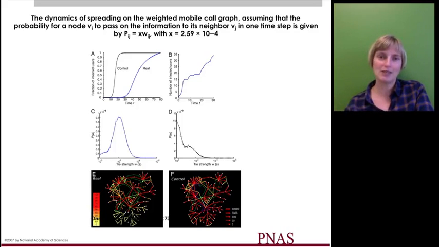And they did another thing, which was to randomize the weights of the edges. So in the real world network, the strong ties tend to be embedded, but then they reassigned the strength of the tie at random to any edge in the network.